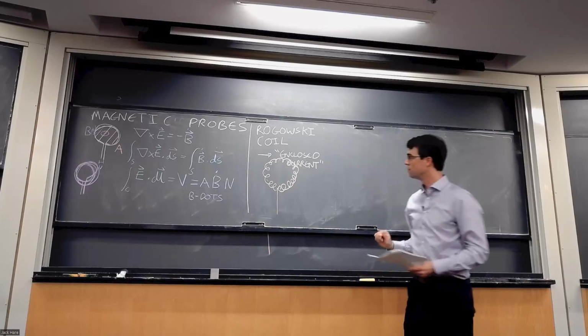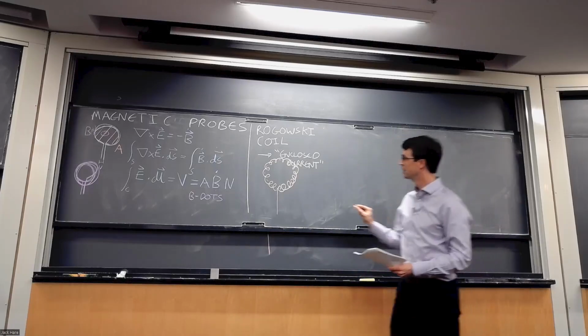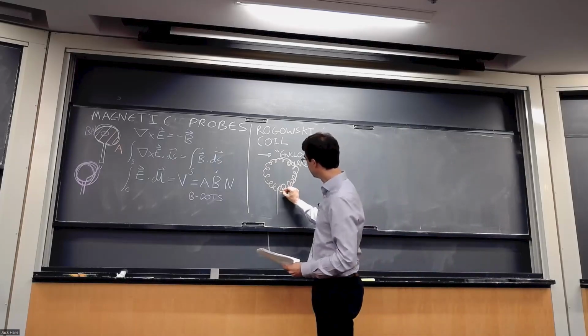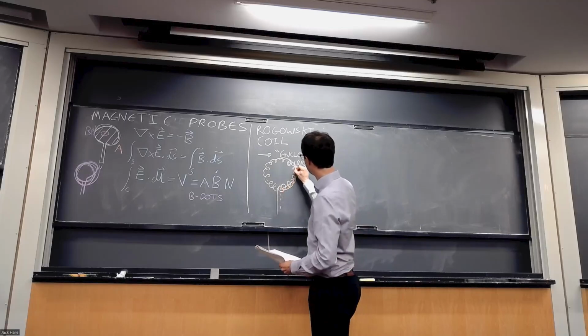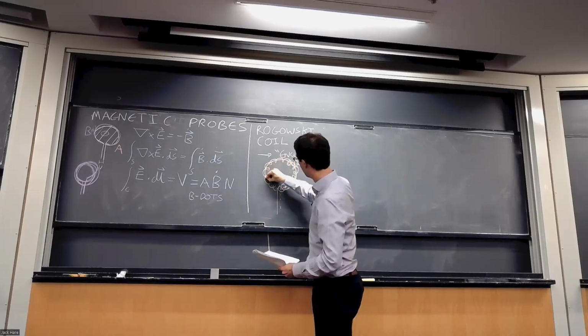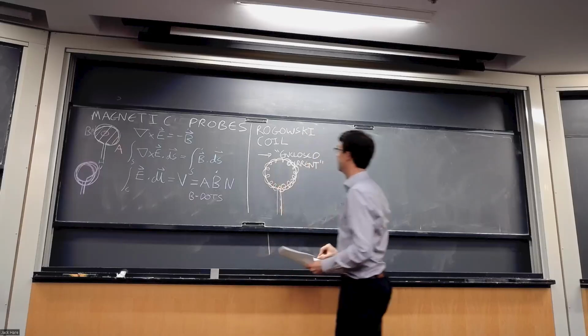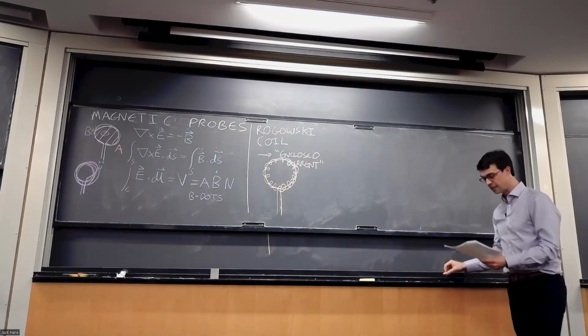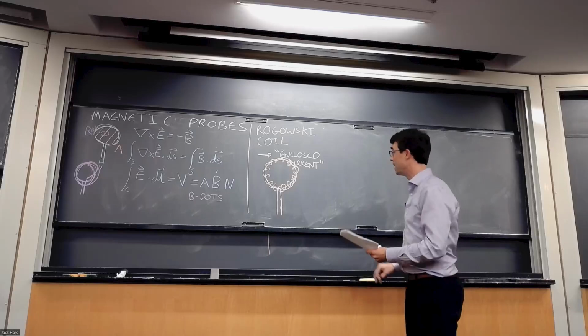And then, for reasons I won't go into right now, but you may feel free to ponder, we tend to not take the cable down here, but instead we wind it back all the way around inside, like this. The answer to this is in Hutchinson's book, but I'm not going to go into it right now.